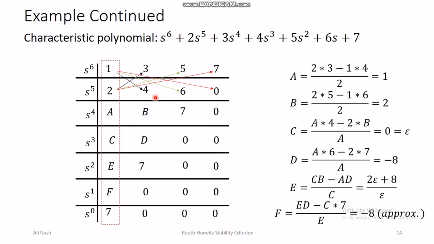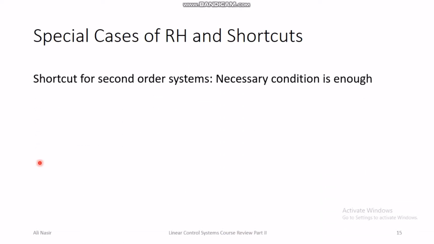But this is not the case here. There is a quantity F which is negative, so there is a sign change from E to F and then from F to 7. So this system is unstable, with 2 poles in the open right half plane and 4 poles in the left half plane.